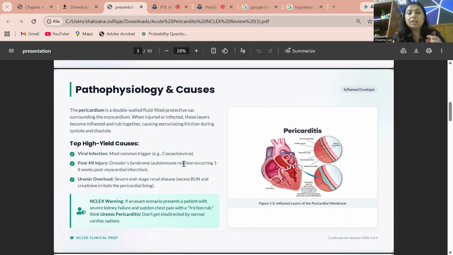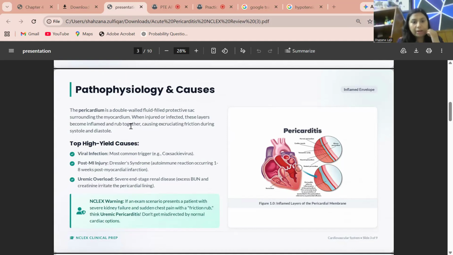And this causes friction between systolic and diastolic blood pressures. So when acute pericarditis has occurred, the nurse has to make sure that the patient is not going into its complication, because there is very limited time in which the patient can develop the complication of acute pericarditis.